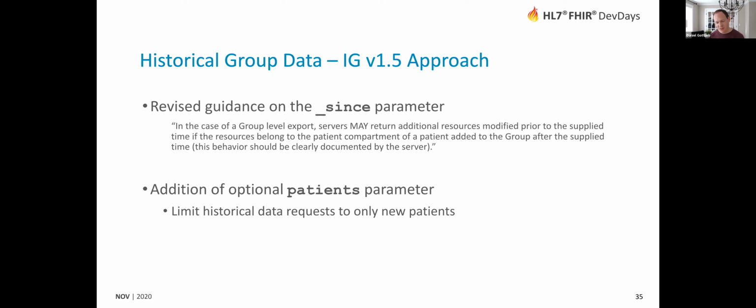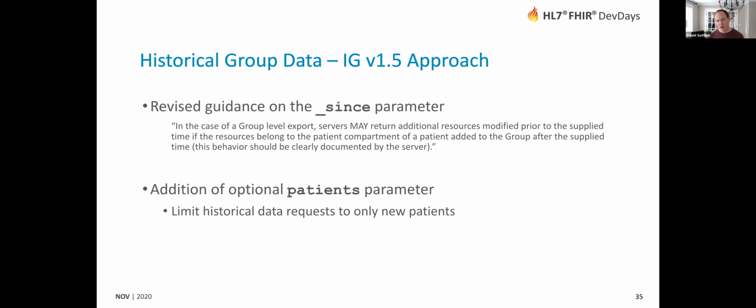And this kind of fits with the bulk data philosophy, which is in general that servers may oversupply data and clients should be robust to being able to get data that they've already received before or that they may not need. And that works for systems that are able to track when patients move in and out of the group.